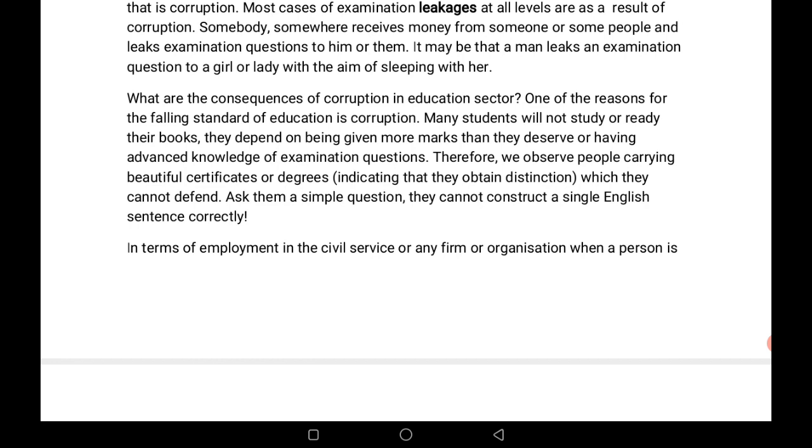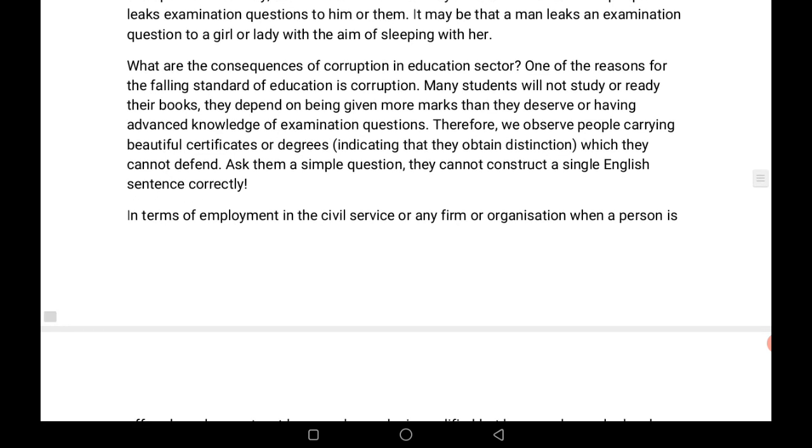One of the reasons for the falling standard of education is corruption. Many students will not study or read their books. They depend on being given some marks than they deserve or having advanced knowledge of examination questions.